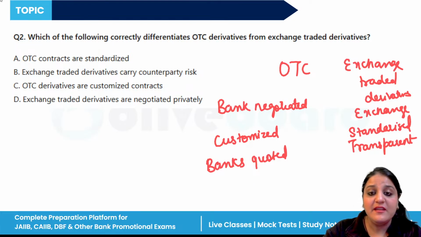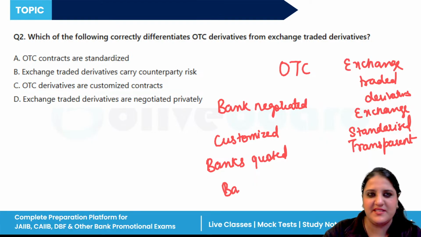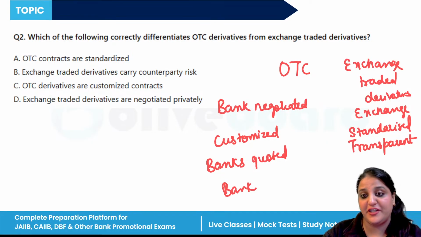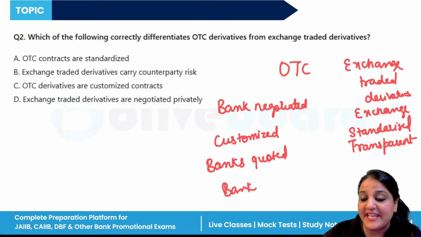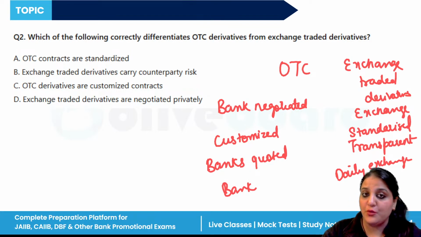Margin in the case of OTC is at the bank's discretion, but in exchange traded derivatives there is a daily exchange margin. In OTC counterparty risk is present, but in exchange counterparty risk does not exist.